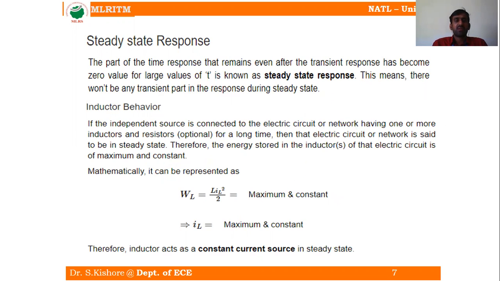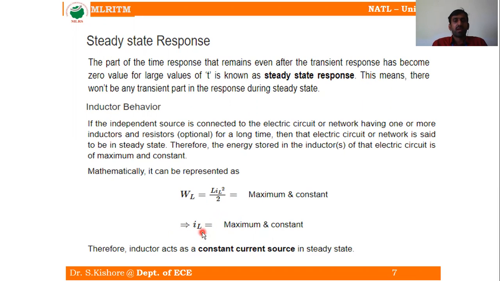So mathematically, the energy stored we can represent as WL is equal to Li square by 2, the very popular equation, half Li square, where this IL is nothing but a constant.